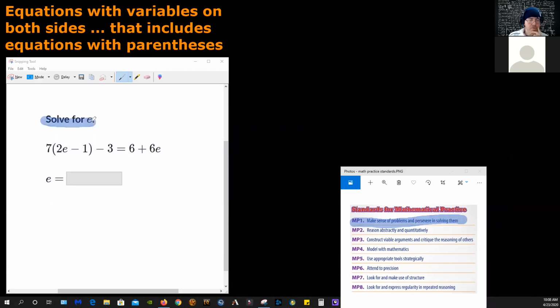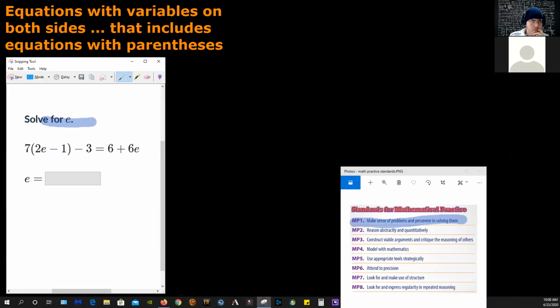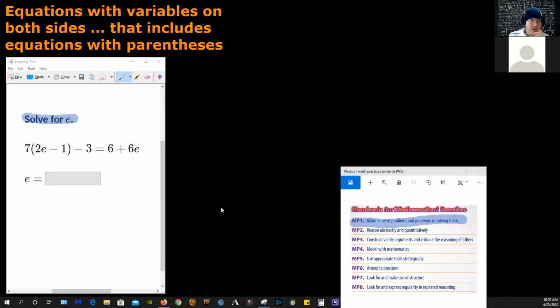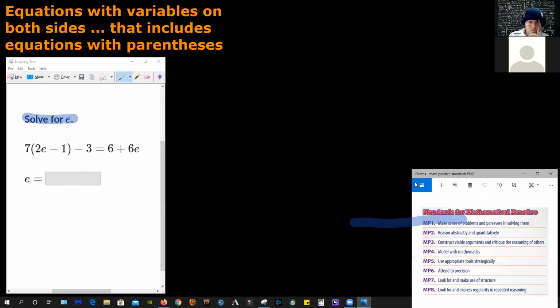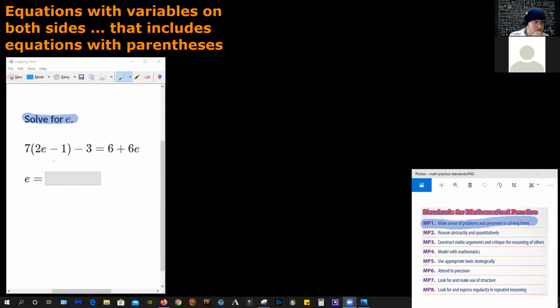Okay, it just says solve for E. So I'm going to be doing some inverse operations to get E all by itself. We're going to start off by writing this down on our piece of paper.